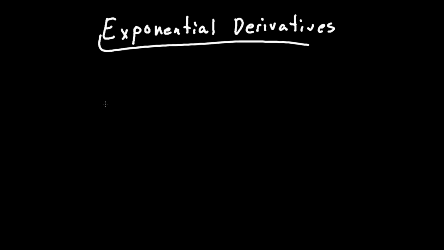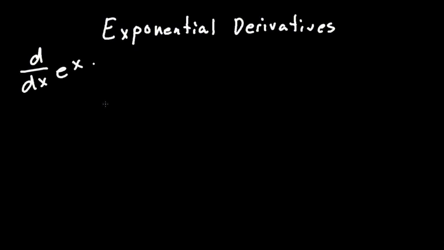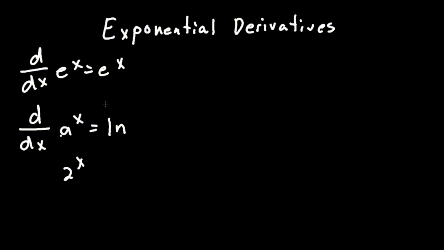So now we're on to exponential derivatives. The easiest one to memorize is the derivative of e to the x. Hopefully you already know this. Maybe your teacher just brought it up, but the derivative of e to the x is simply e to the x. The derivative of some number a to the power of x, though, is different. a can be any number, for example 2 to the x. The derivative is the natural log of 2 times itself, 2 to the power of x.